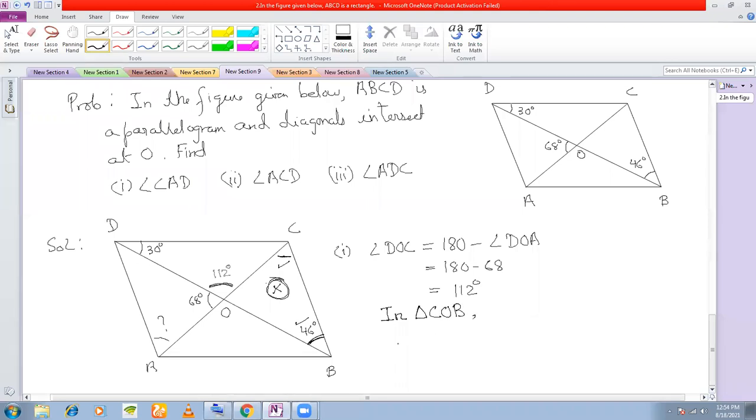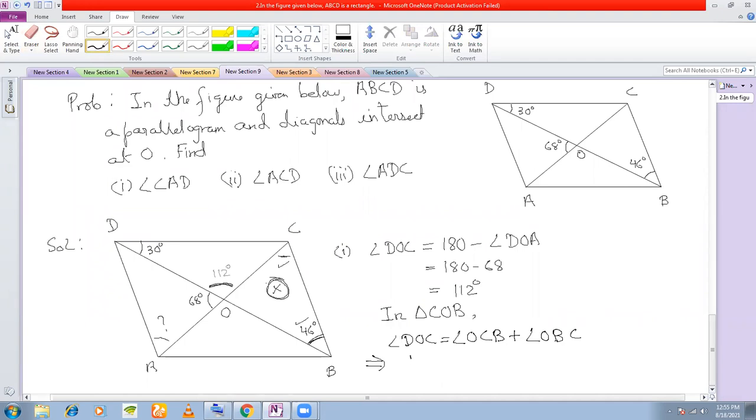In triangle COB, angle DOC is equal to angle OCB plus angle OBC, right? Now put the values.